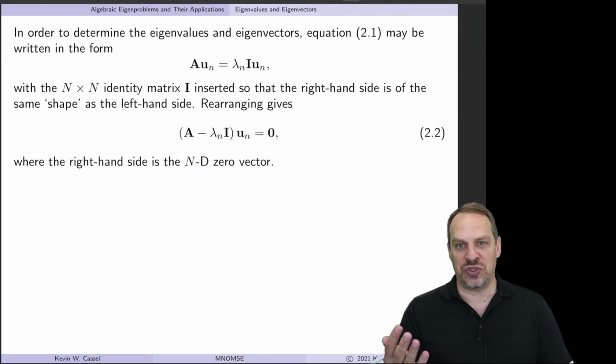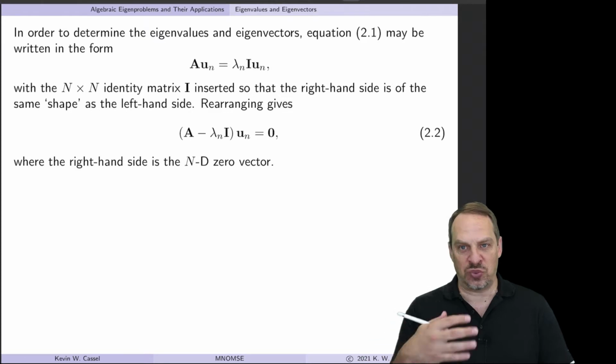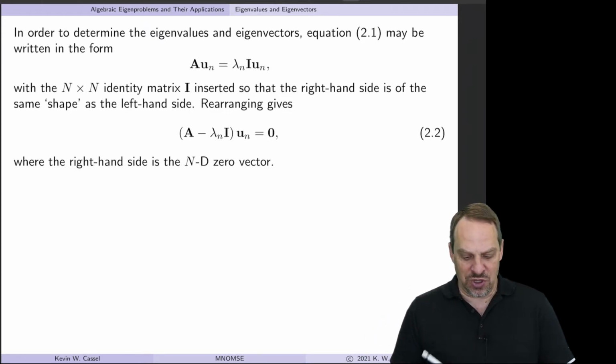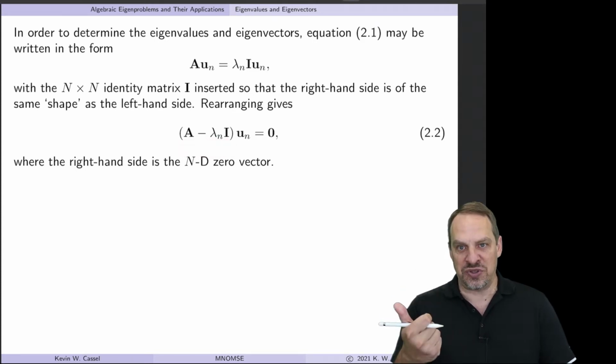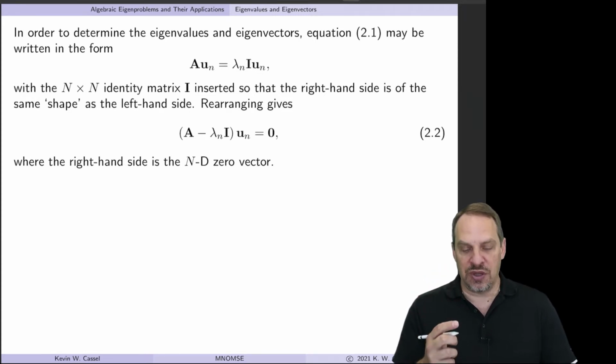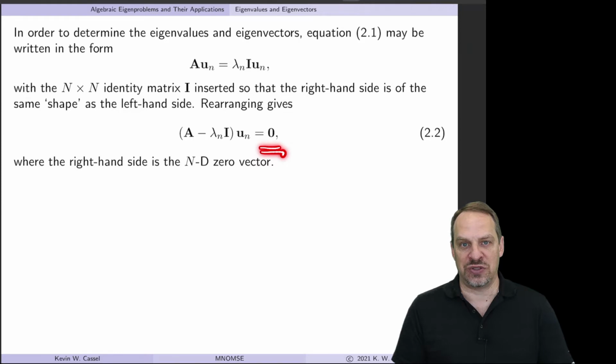But that, of course, would just simply be 0. So that's the trivial solution. We do not want that. So instead of the determinant being non-zero, we actually want the determinant to be 0. If the determinant is 0, that means the system is singular. That means in this case, it'll have an infinity of solutions, but they will be non-trivial. And that's the only way to get a non-trivial solution for a homogeneous system of this type.